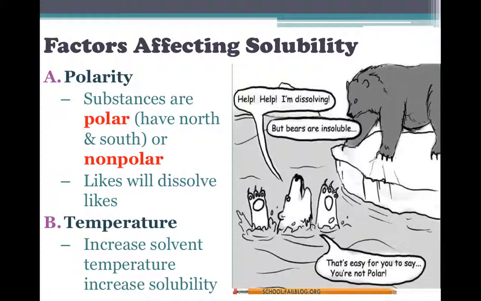Bam, it's going to dissolve just like that. But if I take that same sugar and put it in cold water, it's just not going to dissolve as quickly. It will, but over time, it's going to take a little bit. It's not going to dissolve as fast as if you put it in hot water. So if you increase temperature, you also increase the ability for a solute to dissolve in the solvent, okay?